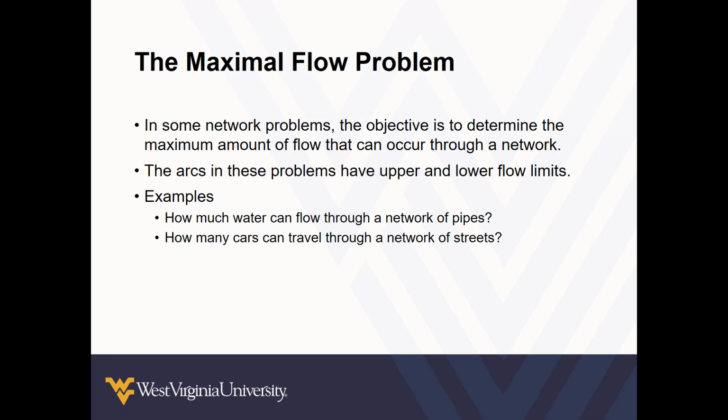But some examples of these scenarios where you might need to build a solution that can handle this might be determining how much water can flow through a network of pipes, or how many cars can travel through a network of streets.